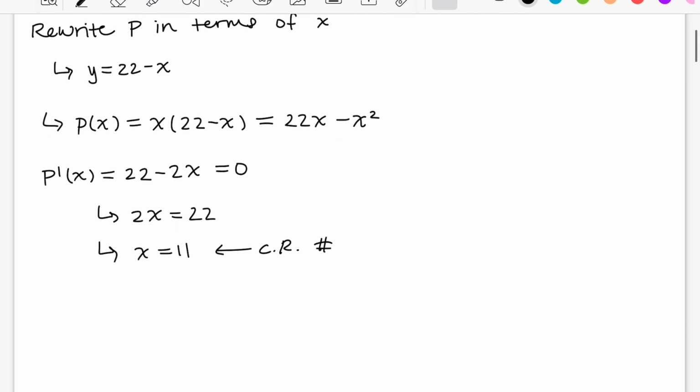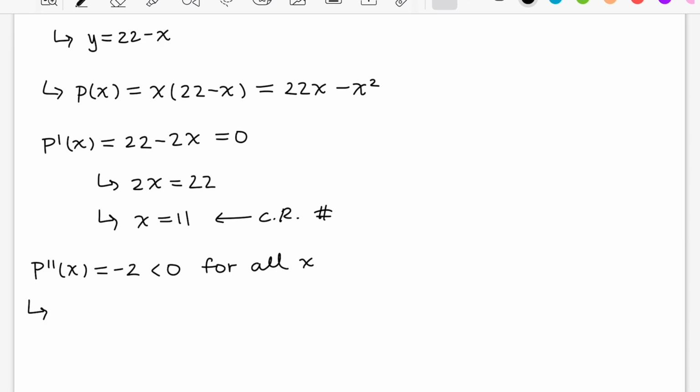Then we want to take the second derivative of our function. The derivative of 22 is 0, and the derivative of negative 2x is negative 2. And so we see that the second derivative is less than 0 for all x values, so we know that we're going to have a maximum value. When x is equal to 11, our function will have a maximum value, and in this case we're looking at the product, so we have a maximum product.